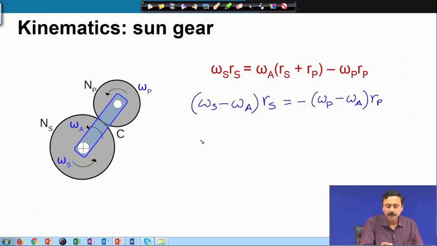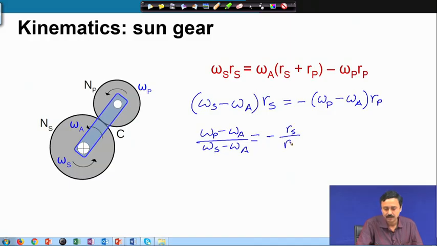So, therefore, now I can take the ratio, omega p minus omega a by omega s minus omega a, that is equal to minus of r s by r p, and this you also know is equal to minus of n s by n p.